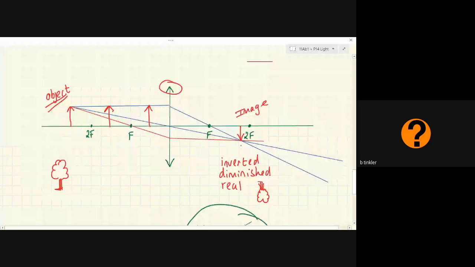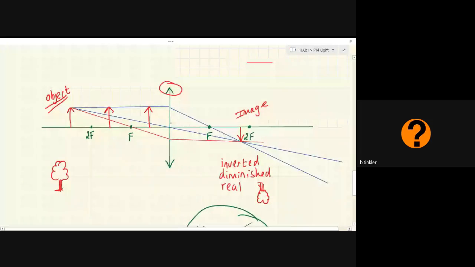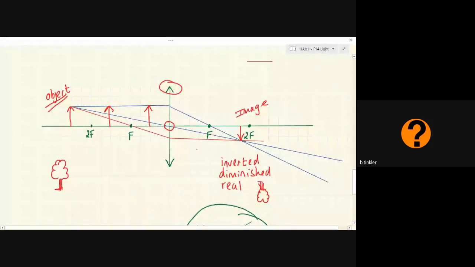This one is like the neutral line that always goes through this central neutral point without changing direction. And this is the same on the other side through the point.